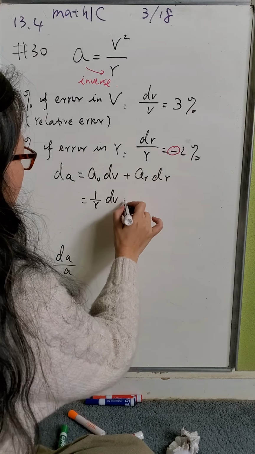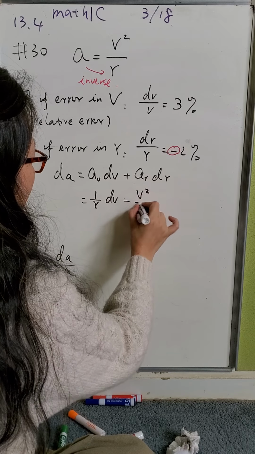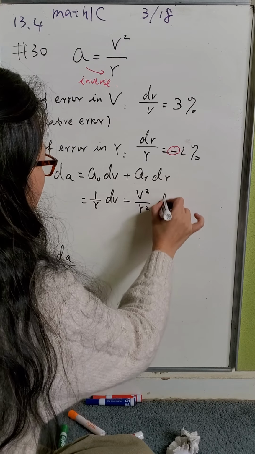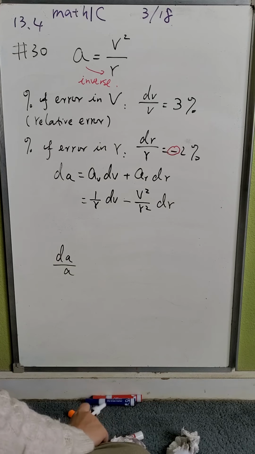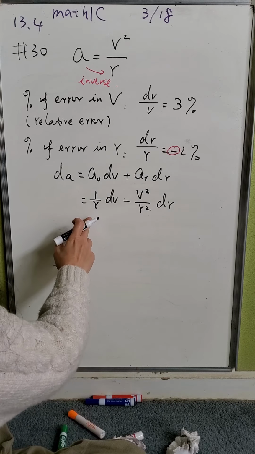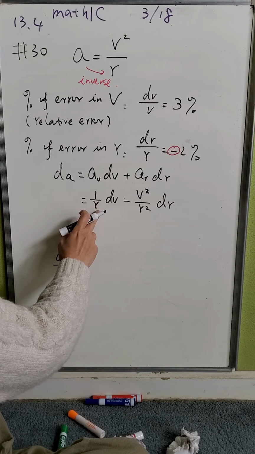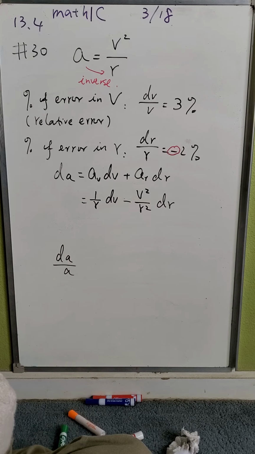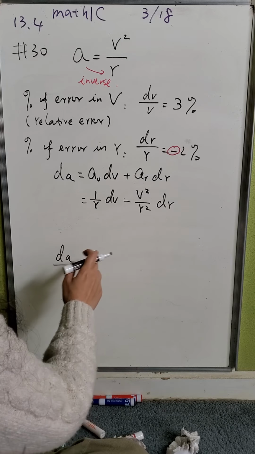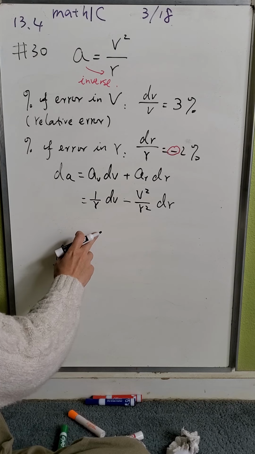Negative V squared over R squared dR. So that is for dA.